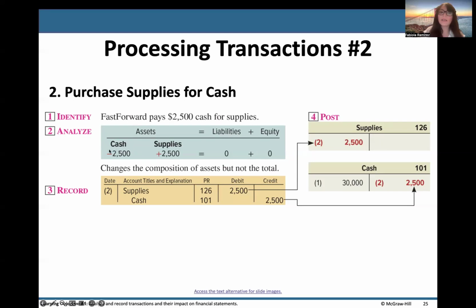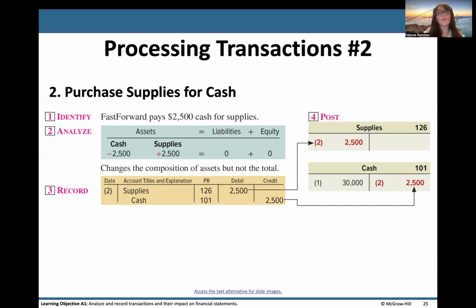So as you can see here, cash went down by $2,500, but supplies went up by $2,500. So we are still in balance. We are just moving amounts in accounts within our accounting equation. So it changes the composition of assets, but not the total.